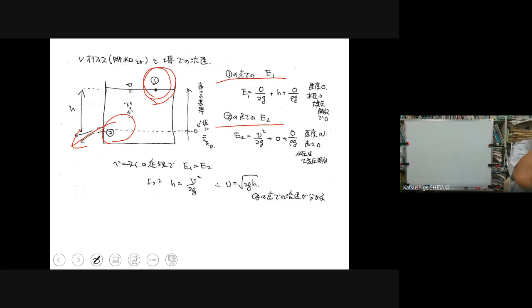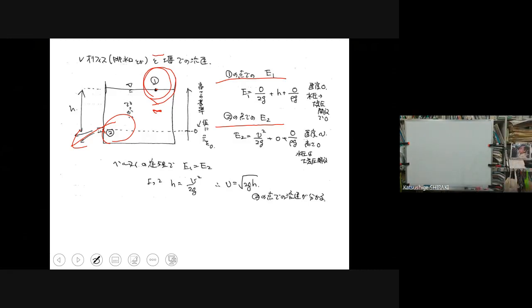The pressure here is atmospheric pressure, which is zero, not in the water, and not negative pressure. Negative means some suction force, but this is just the water surface. Number 2 is a little bit different, but it is open to the atmosphere.